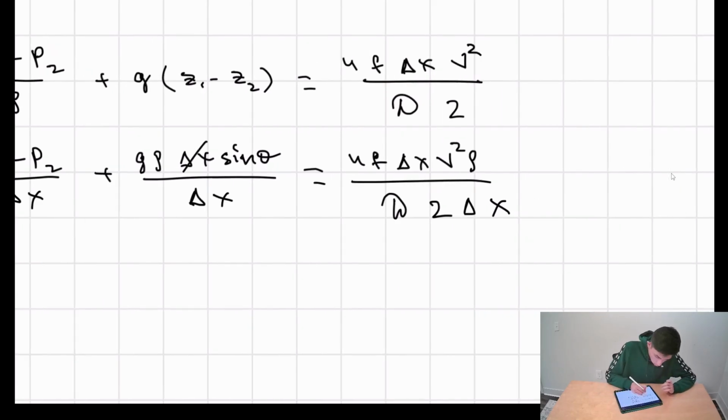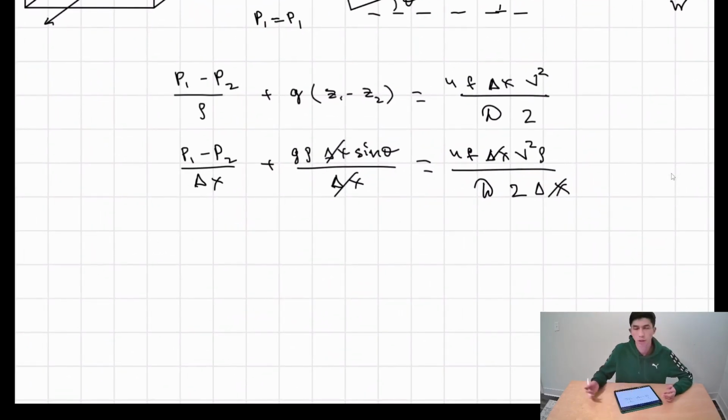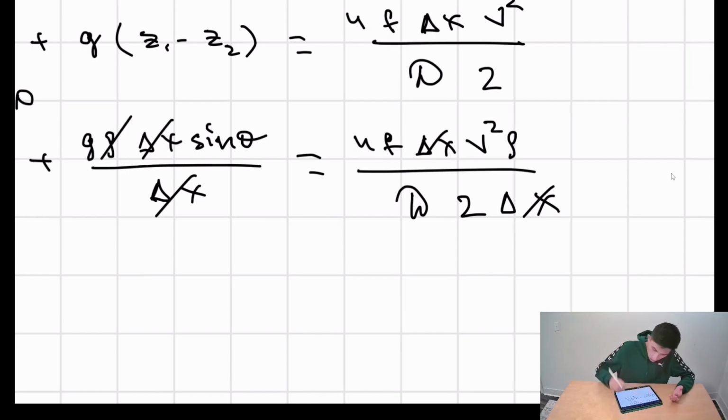We can see here the delta X's are going to cancel, and here we can also cancel the delta X. Also, since it's an open channel, the pressure at point 1 is equal to the pressure at point 2, so this term is going to go to 0, which makes it easier. The densities are also going to cancel.